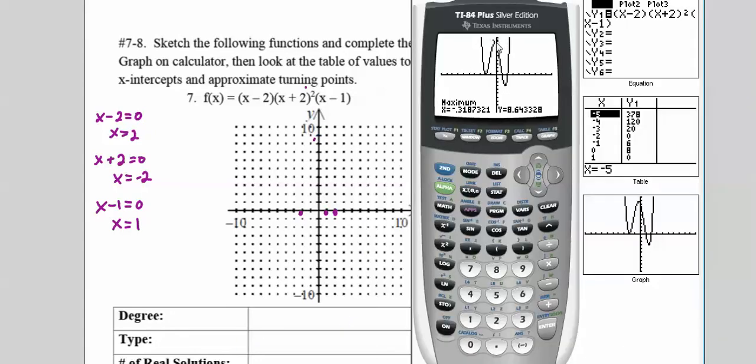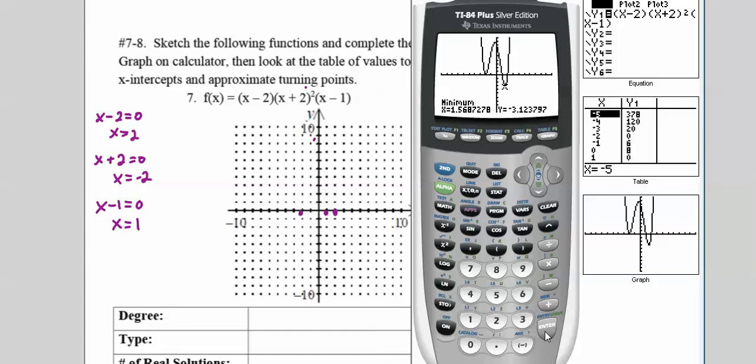Alright, so it looks like now it goes back down to a y-intercept of 8, and then down here I need to calculate what this turning point is. So I'm going to do second, calculate minimum, and I need to go to the left of that minimum value, enter, and then go to the right of the minimum, enter, enter.